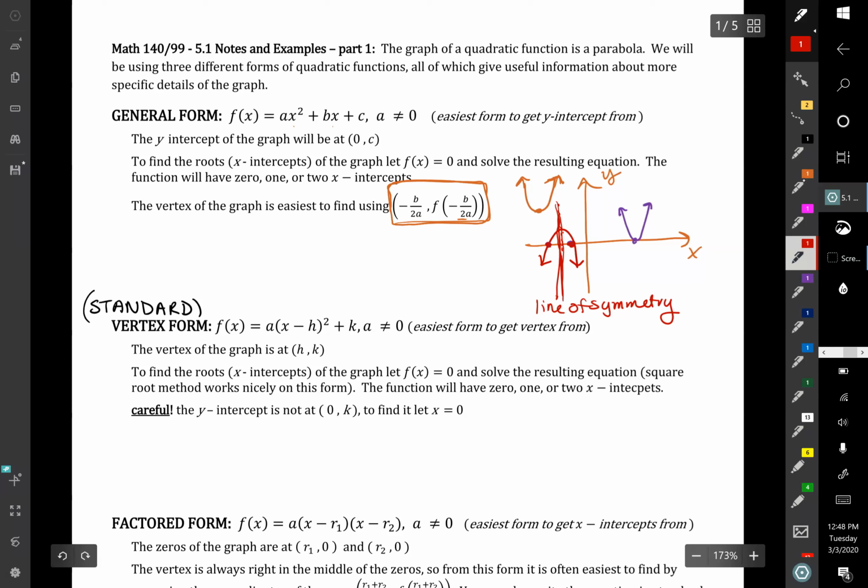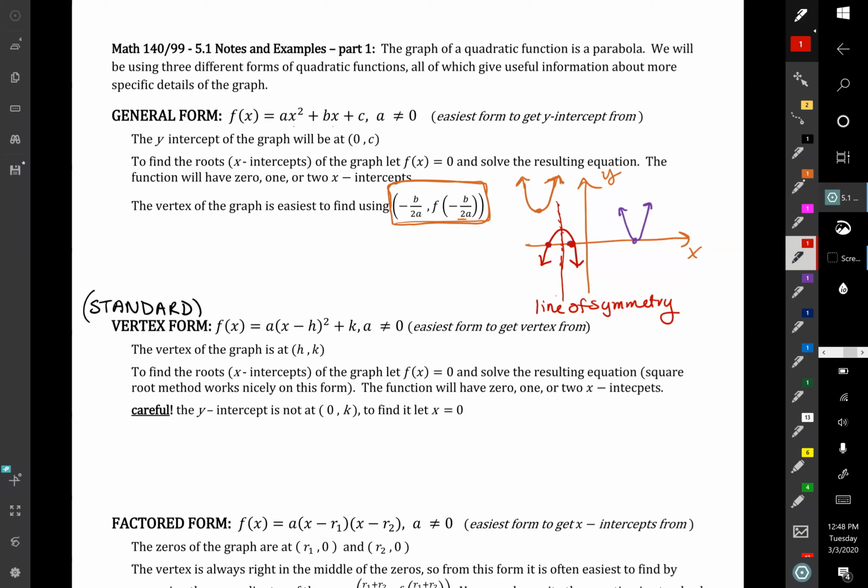Now, how do I get that formula? It would be using the quadratic formula. It looks like there are some familiar letters in there. So if I were to take the average of the intercepts from the quadratic formula, I would end up with minus b over 2a. I'm just going to show you really quick what that looks like.